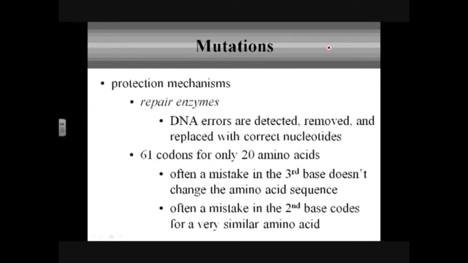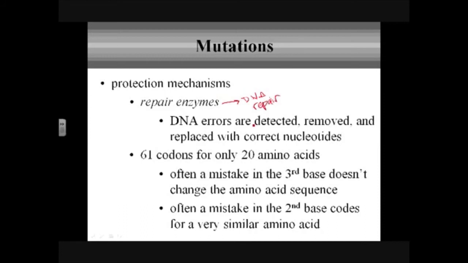But, like we said, there are protection mechanisms in place. There are ways that the genetic information is protected to ensure that it's properly carried out. And those are the repair enzymes, where DNA errors are detected, removed, and replaced with the correct nucleotide. This is that DNA repair that I just mentioned.